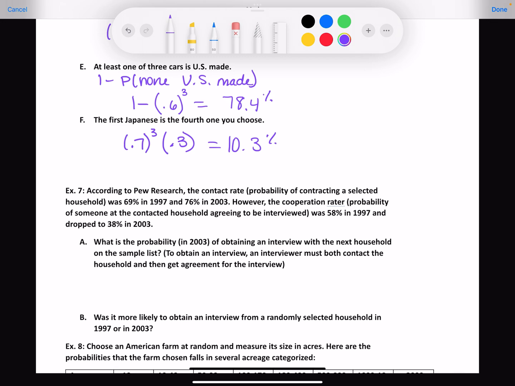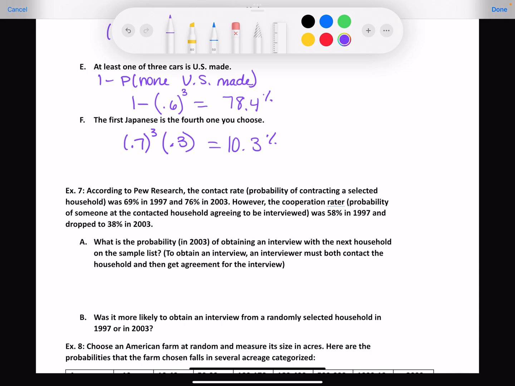According to Pew Research, the contact rate, the probability of contacting a selected household, was 69% in 1997. That was a good year. And 76% in 2003. Also a good year.